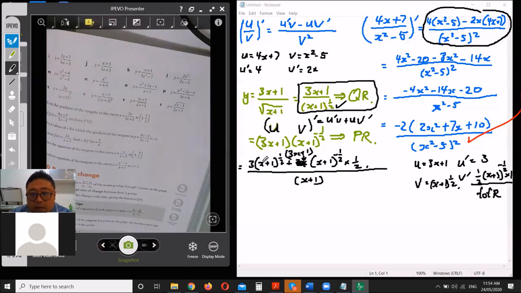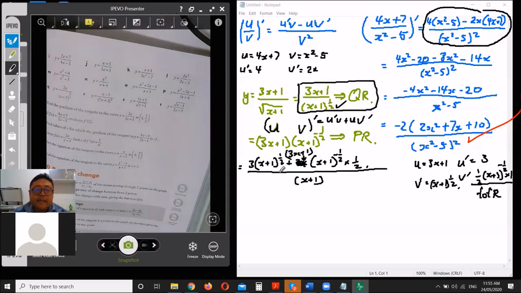What would it be? It'll be 3 and then x plus 1 to the power of positive a half. So it's 3 outside of x plus 1 to the power of half. Yes, that's right. That's what I got. Okay, we're on the same page? Yep. What do we do from here?